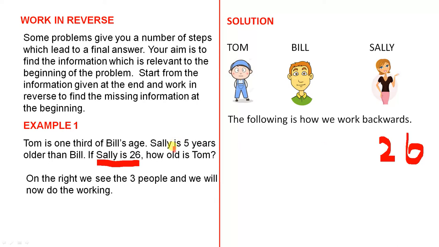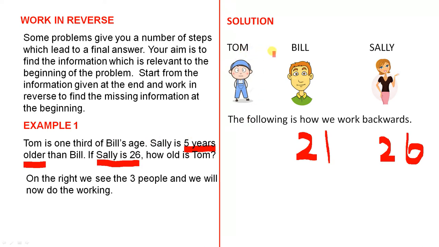The next important bit of information is that Sally is 5 years older than Bill. She is 5 years older. So just subtract 5 from 26. So 26 take away 5, that gives you 21. So Bill is 21. Finally, it says that Tom is 1/3 of Bill's age.